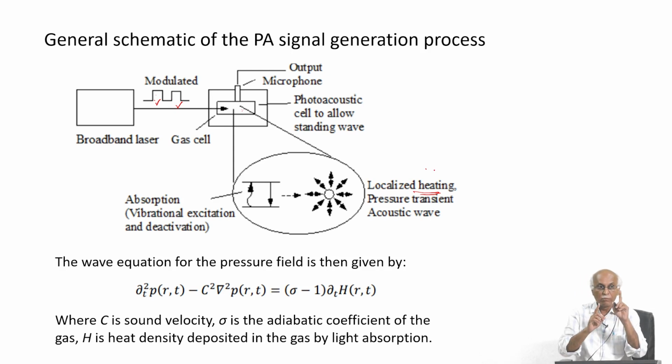Now, if I am sending one pulse, there are many molecules, and their temperature will increase by a small amount through this absorption. If there is enough time between two pulses, this temperature increase will come back, and the temperature will return to near room temperature.